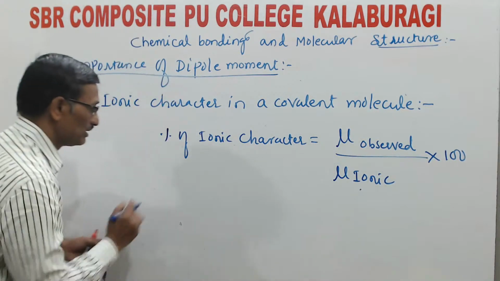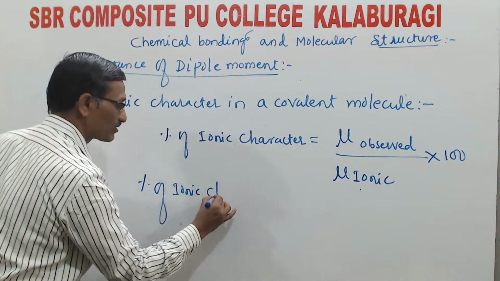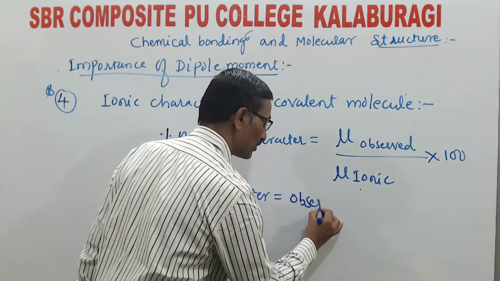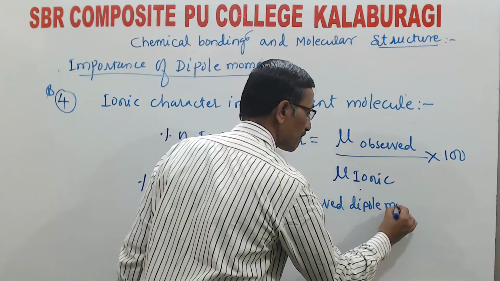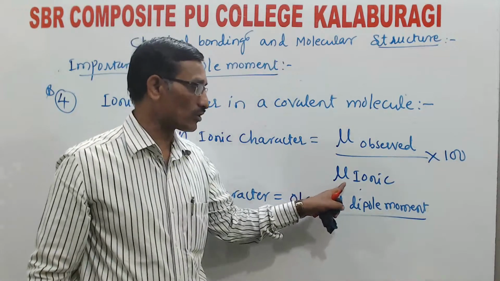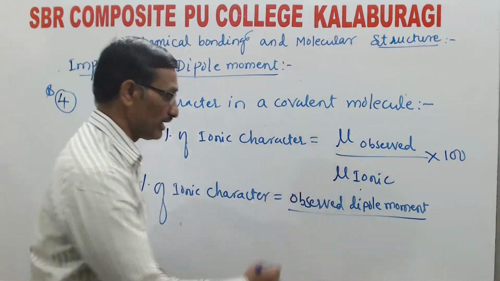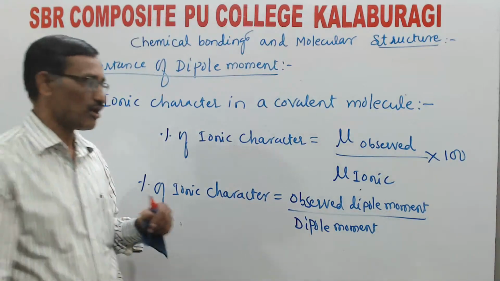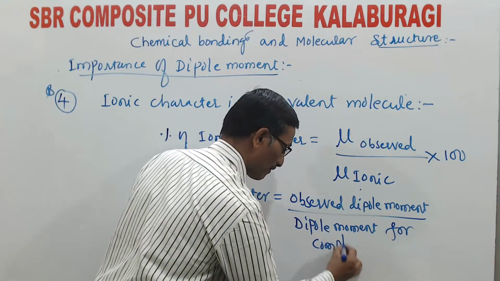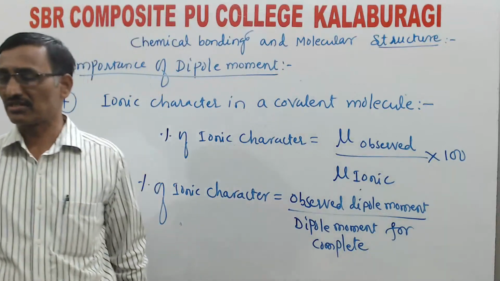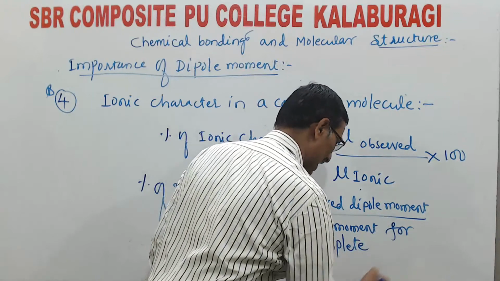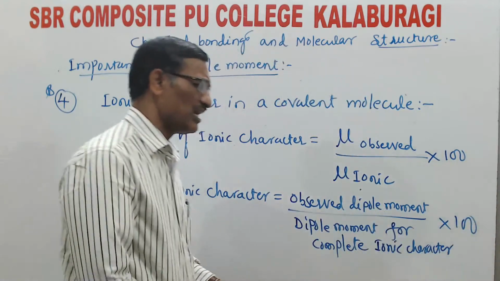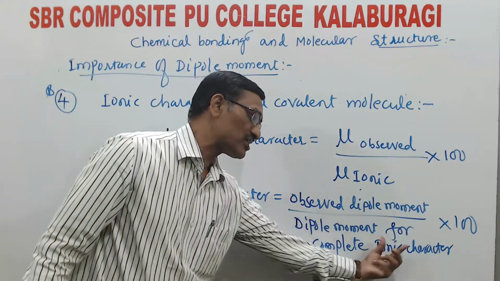Even I will write this one. Percentage of ionic character is equal to observed dipole moment divided by dipole moment for 100% ionic character, or complete ionic character. Both are the same. Again, you are multiplying by 100.